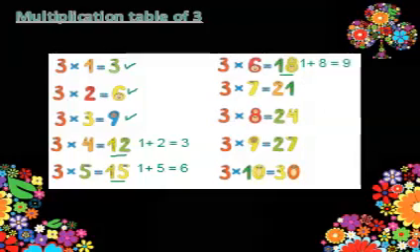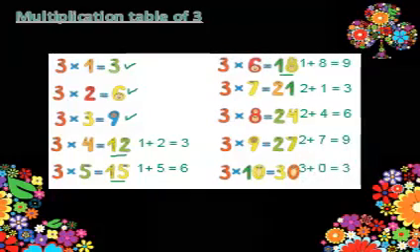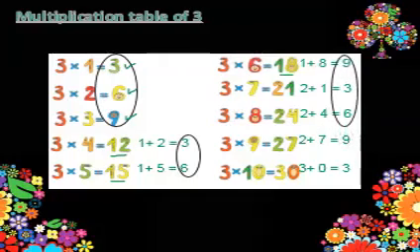Now 21, if you add 2 plus 1, you are going to get 3. 24, if you add 2 and 4, you are going to get 6. 27 gives 9. And 30, 3 plus 0, is 3. So what you can see now is the pattern 3, 6, 9, 3, 6, 9. Okay, what does that mean?